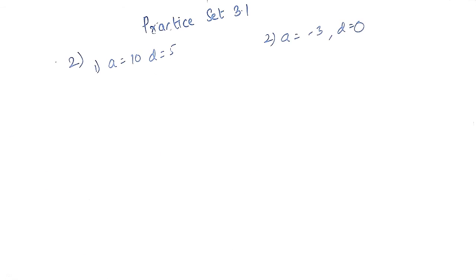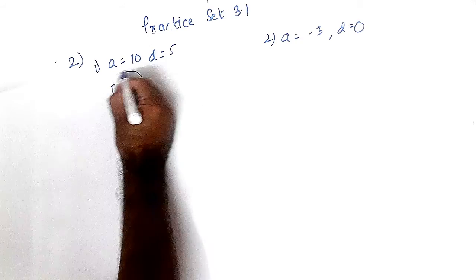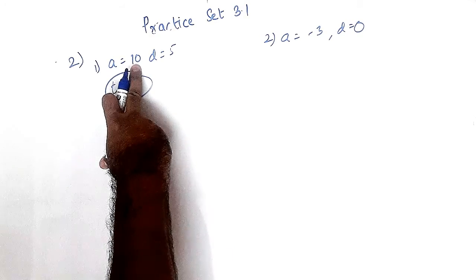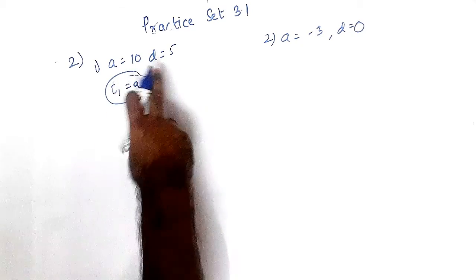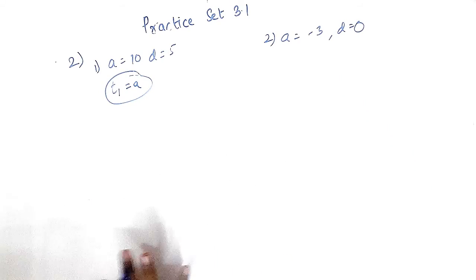In the last question we have done so many arithmetic progressions, we have identified so many arithmetic progressions, but here the term T1 is also known as A. T1 and A both means the same. D, all of you know what is D. Okay, so we have to write an arithmetic progression whose first term is 10 and common difference is 5.